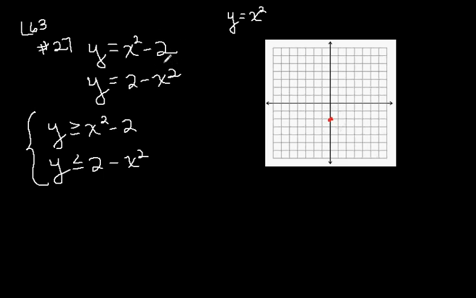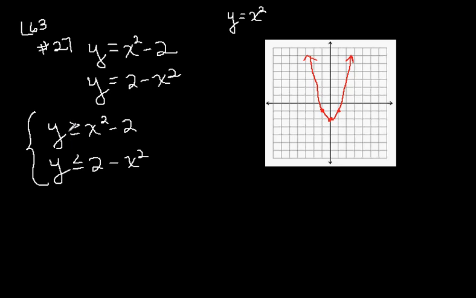The constant at the end of a quadratic equation is always the y-intercept anyway. And then I'm just going to pick a point real quick. I'm going to put a 1 in for the x, and I get 1 squared minus 2 is negative 1. So if I put 1 in, I get negative 1 out, and we don't even have to pick another point because we know that this is also the line of symmetry. So our first parabola is going to look something like this.